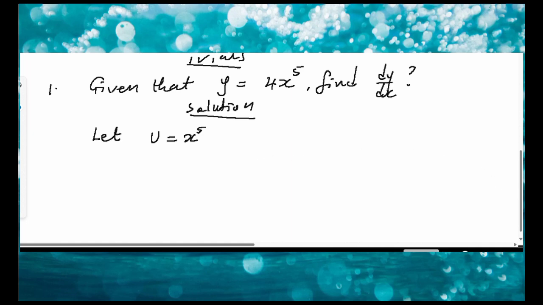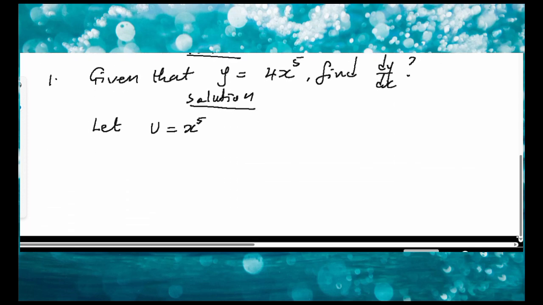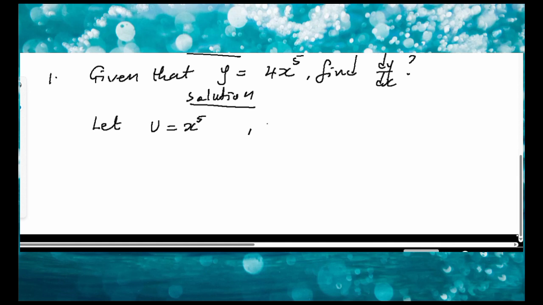And according to the product rule of this function, y is equal to AU, where U is the function of x and A is a constant, the only thing we're going to do is just to find the derivative of U with respect to x, then we multiply by the constant, right? So coming to this one, what we're going to do is to find the derivative of U with respect to x, and we've already looked at how to do that in our previous videos.